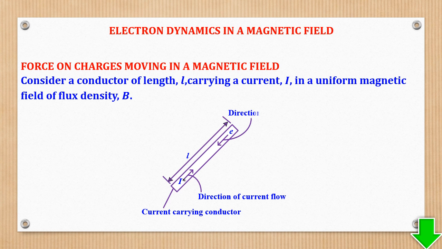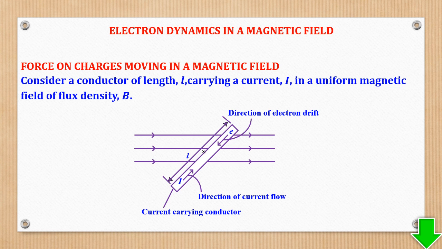So if current is moving in this direction, electrons should move in the opposite direction. Then that will be the magnetic field of flux density capital B, making an angle of theta degrees with the conductor.